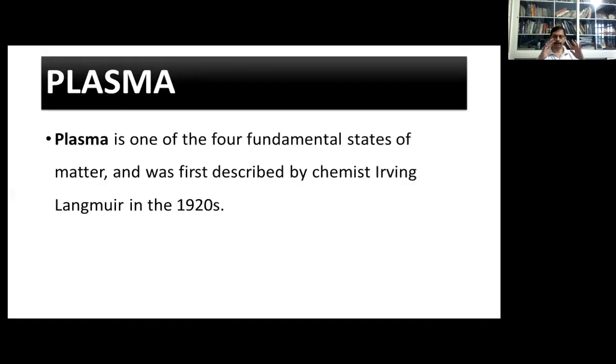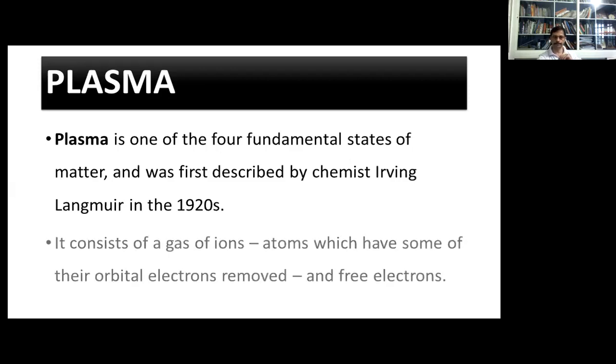Plasma is one of the four fundamental states of matter, as I already mentioned, and it is not something new that is introduced. In the 1920s, it was introduced by a chemist known as Irving Langmuir.